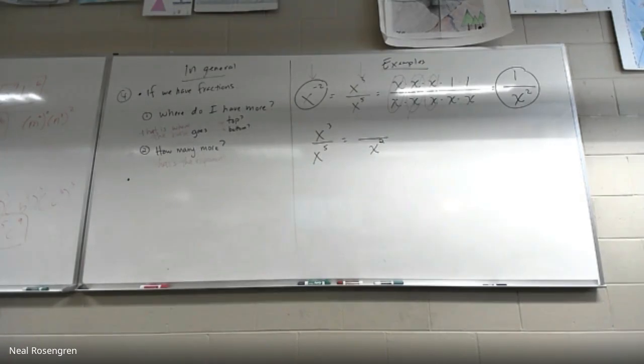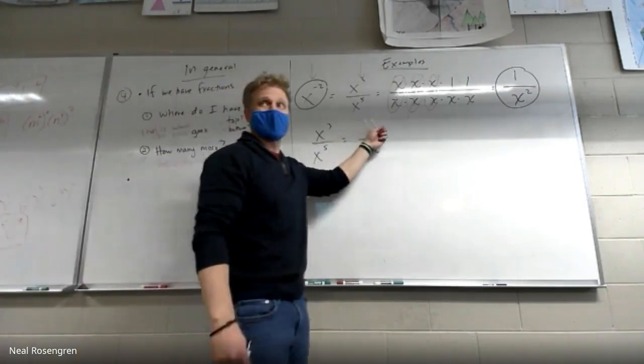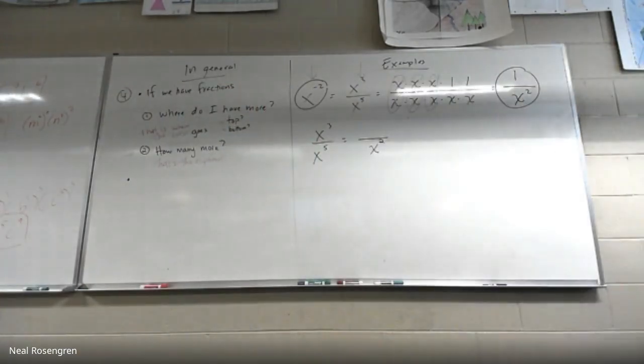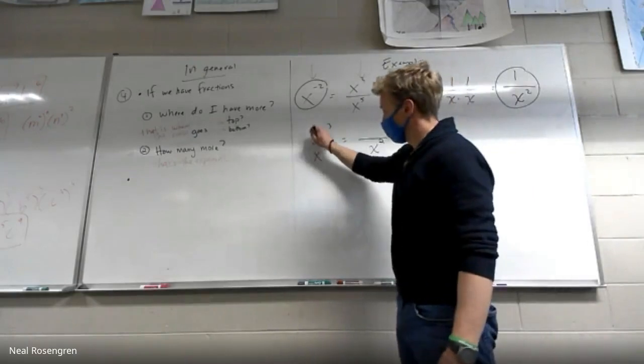Now, back here, where do I have more? On top. How many more? 4 of them. So it's b to the fourth over something. I've got to put something there. What's left? If I got rid of everything from the top or from the bottom, I need something left behind. What is it? It's this number right there.